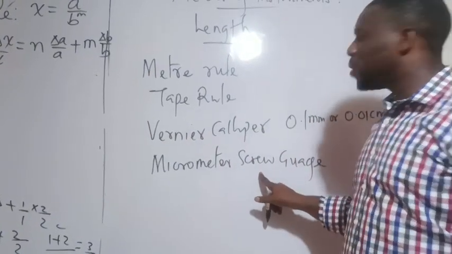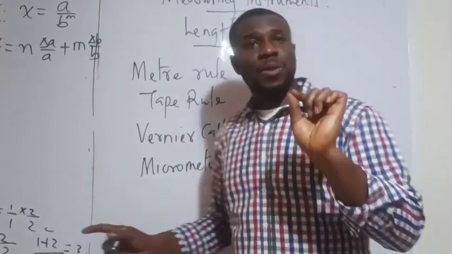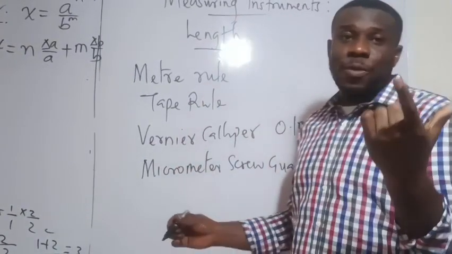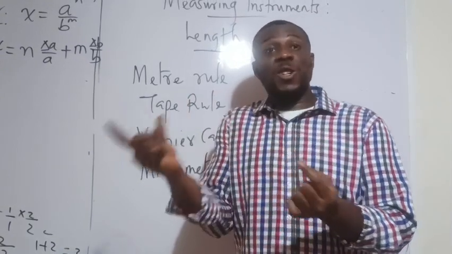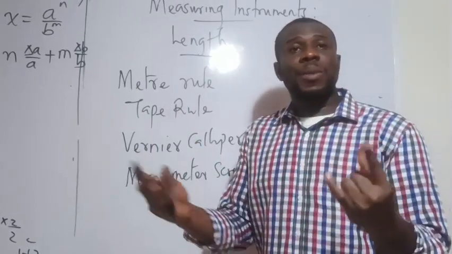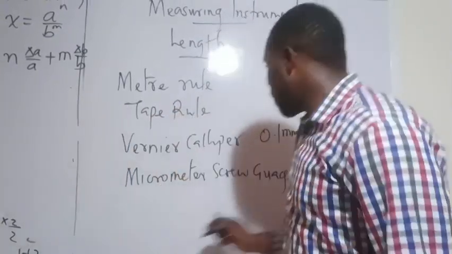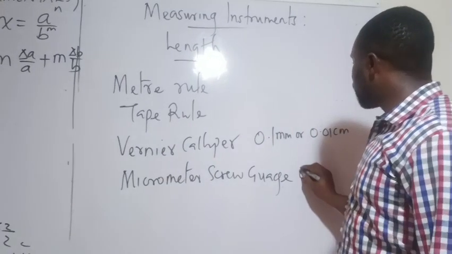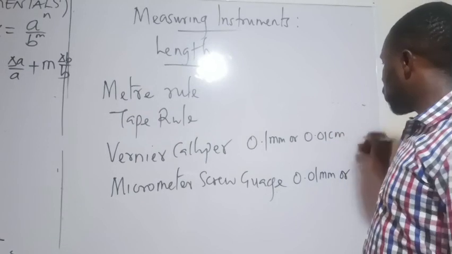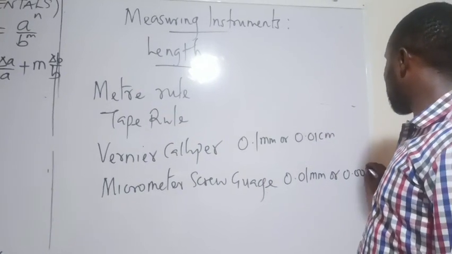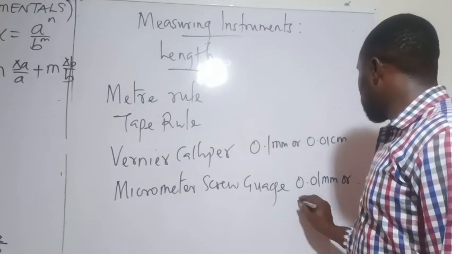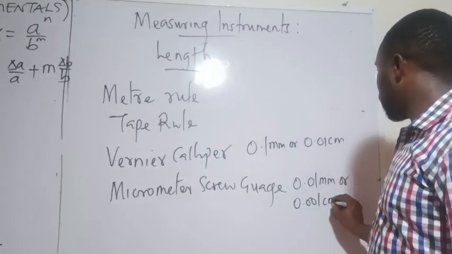The micrometer screw gauge measures only the outer diameters of round objects and also the thickness of very thin objects, for example, the thickness of a piece of paper. A micrometer could measure that. The thickness of a wire, it could also measure that. This measures to an accuracy of 100th of a millimeter, which is 1,000th of a centimeter.